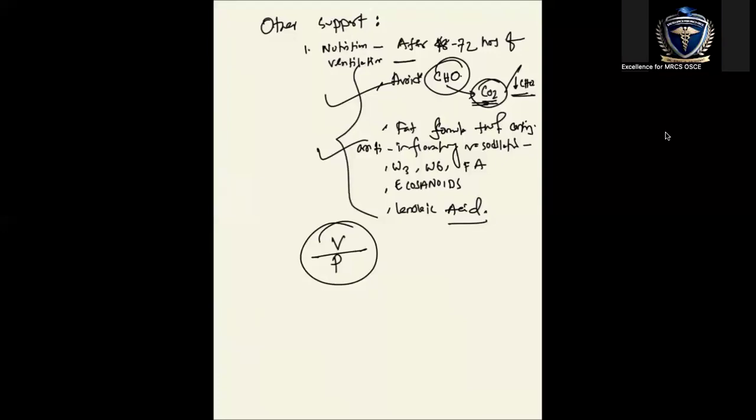Not only the expansion, there is also some volume-pressure change. You have to apply some pressure. So it is the ratio of volume change divided by pressure change. If there is an increase in pressure, how much the lung is inflated or distended. So when elasticity is increased, the lung compliance will be decreased. Always remember, you don't need to go through this; just remember decreased lung compliance.